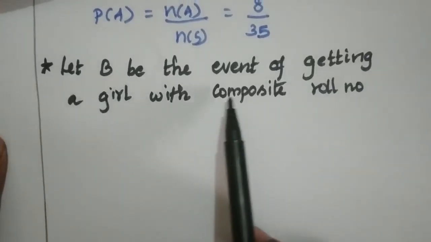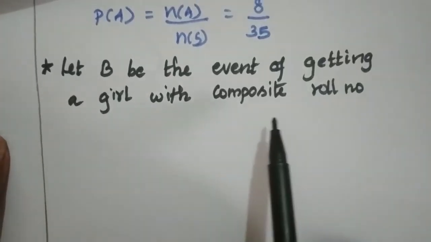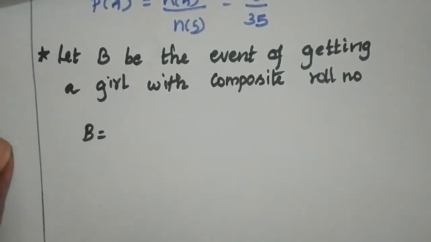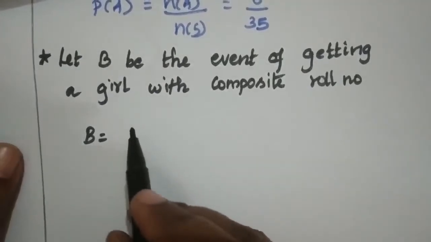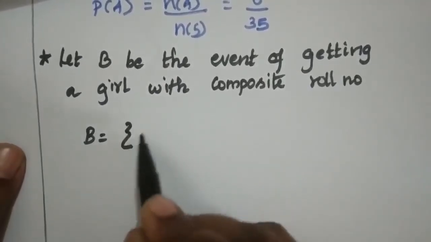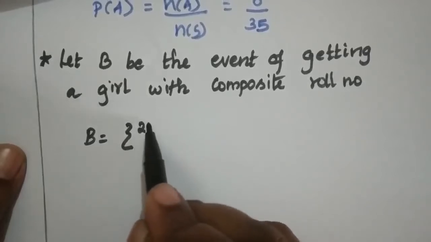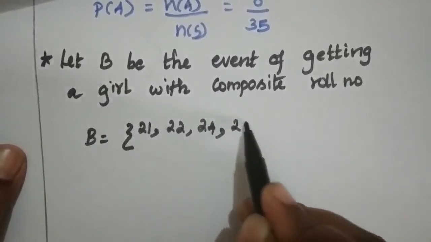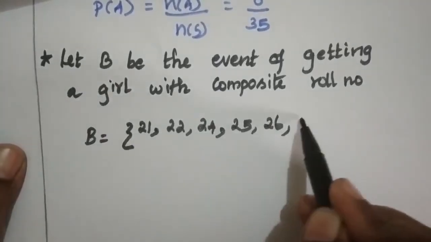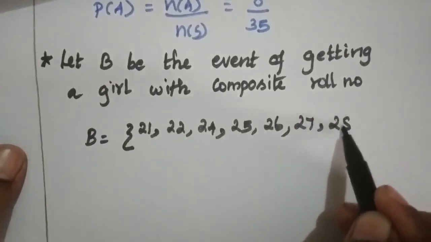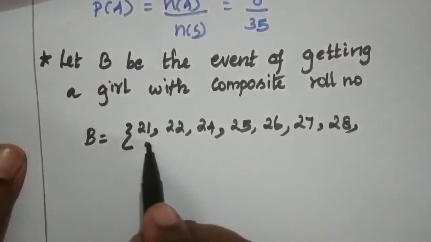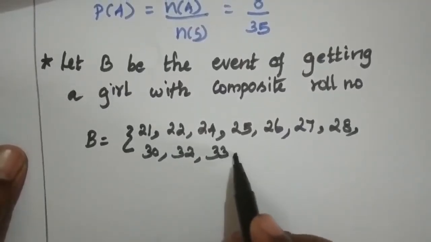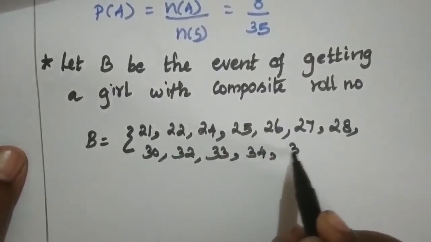Let B be the event of getting a girl with composite roll number. Now list out the composite numbers from 21 to 35. Yes, they are 21, 22, 24, 25, 26, 27, 28, then 30, 32, 33, 34 and 35.